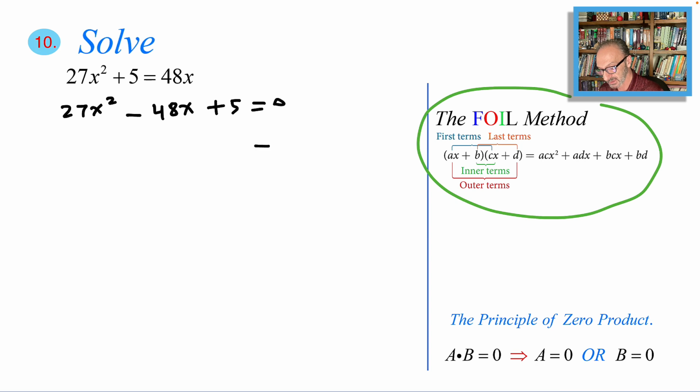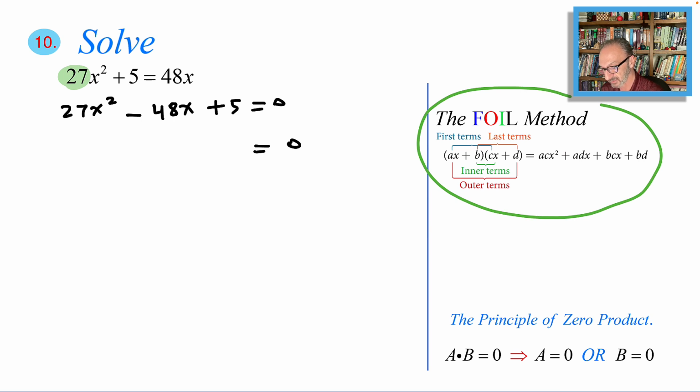When you factor this, it takes longer because the leading term does not have 1 as a leading coefficient. It has a 27. 27 will give me more options to factor and takes longer to find the right factors that will make or add up to the middle term, which is negative 48x.